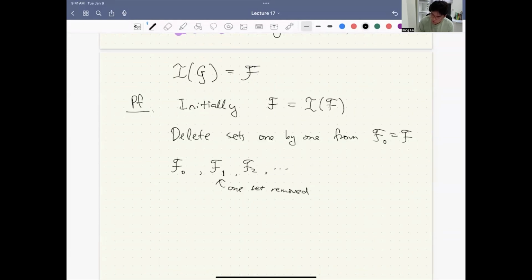If you look at it by the observation above, this is F0, which is F.